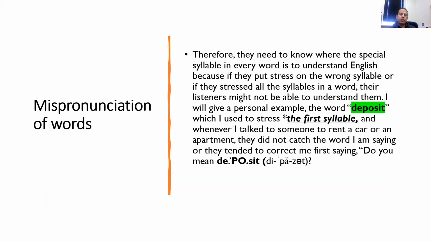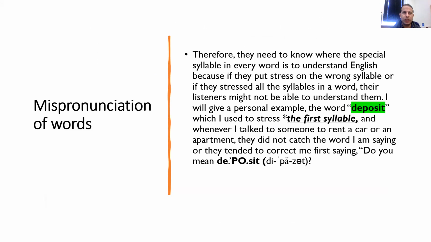So why is it important to know where the stressed syllable is? Let me share this with you. When I started studying in the United States and I was looking for a place to stay, wherever I went, people asked me to make some deposit, but I tended to pronounce it with the stress on the first syllable.